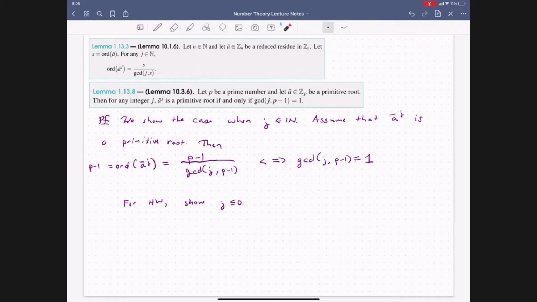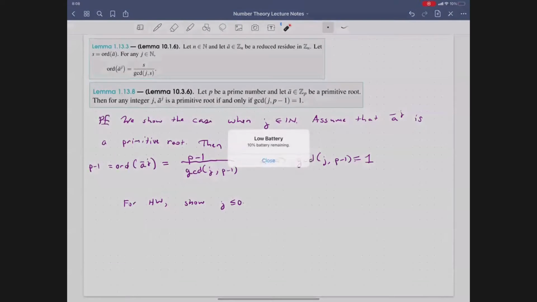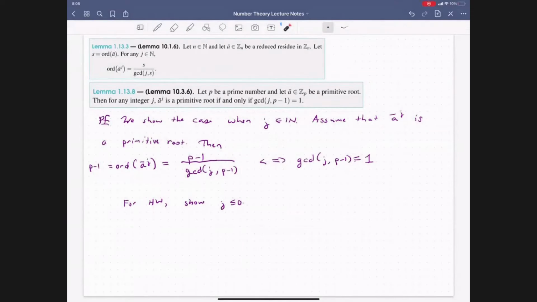I'll just mention a couple of remarks. Note that if j is equal to 0, then a to the 0 is going to be 1 bar, and 1 bar is a primitive root if and only if p is equal to 2. And so that's just something to be mindful of there. And then for the negative case, the argument is a matter of realizing that if we have a to the negative exponent, then a to the negative k is just the multiplicative inverse of a to the k.